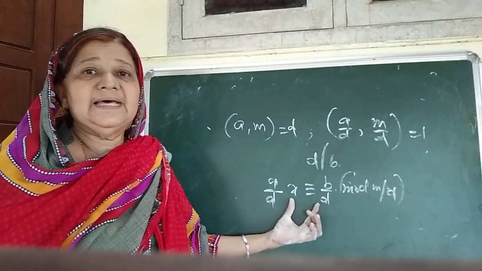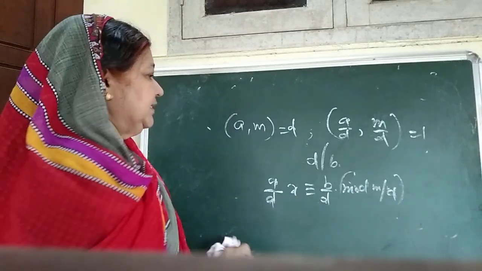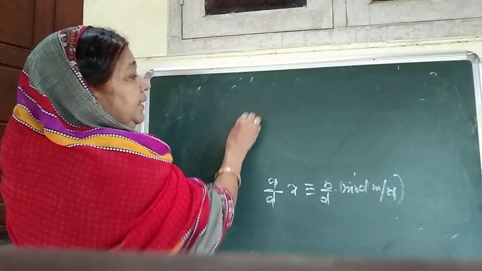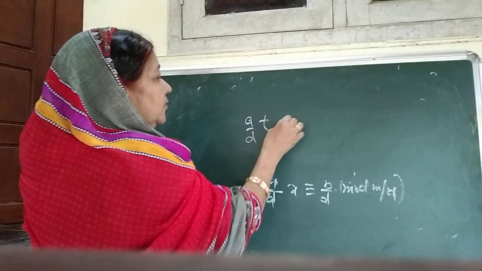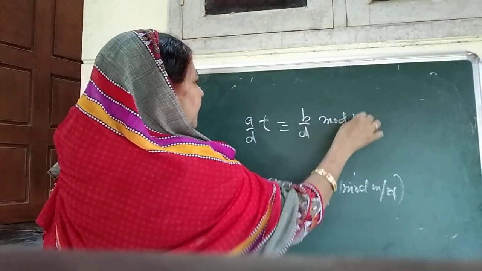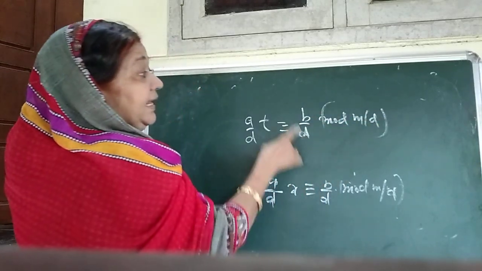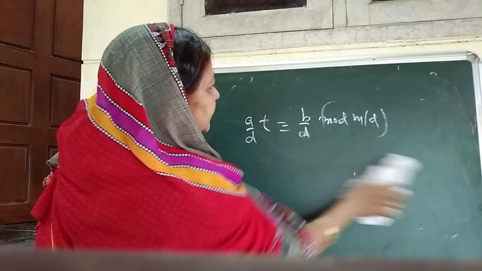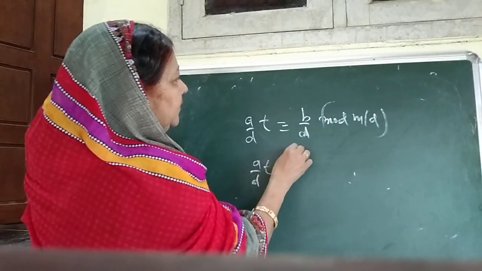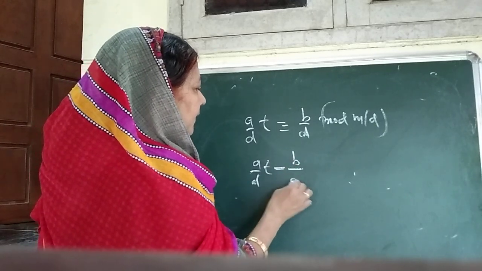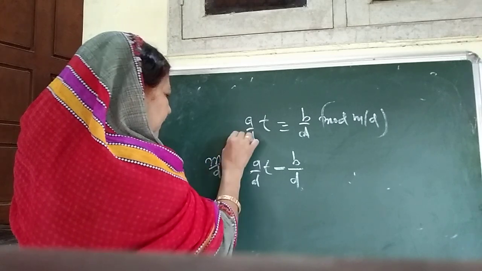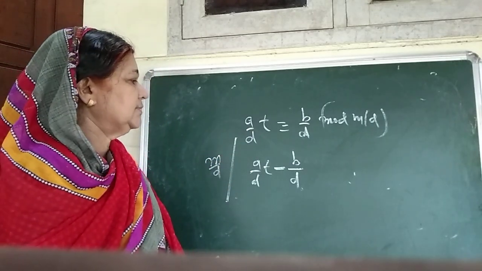Therefore, this system has a unique solution, say t. Therefore, a by d into t is congruent to b by d mod m by d. If d divides b, that is, m by d divides a by d into t minus b by d.